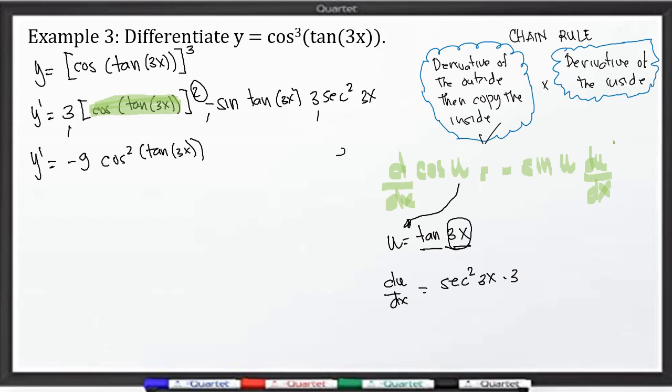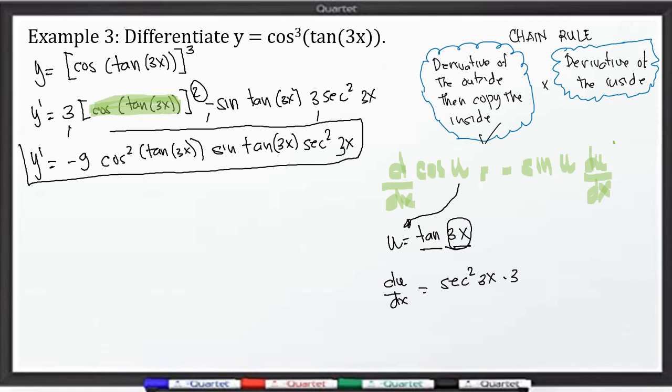Okay. Tapos, wala na yung negative doon. Sine of tangent 3x, and then meron tayong naiwang secant squared 3x. So basically, ito na po yung ating nakukuhang final answer.